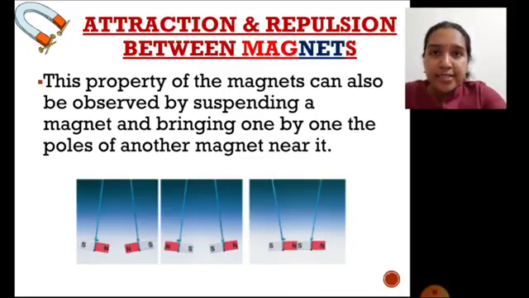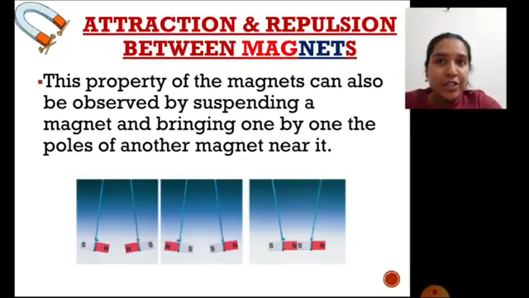Here you can see the same poles, north pole and north pole of the magnet, repel each other. The same is the case with two south poles facing each other. But when a north pole and a south pole face each other, they attract.